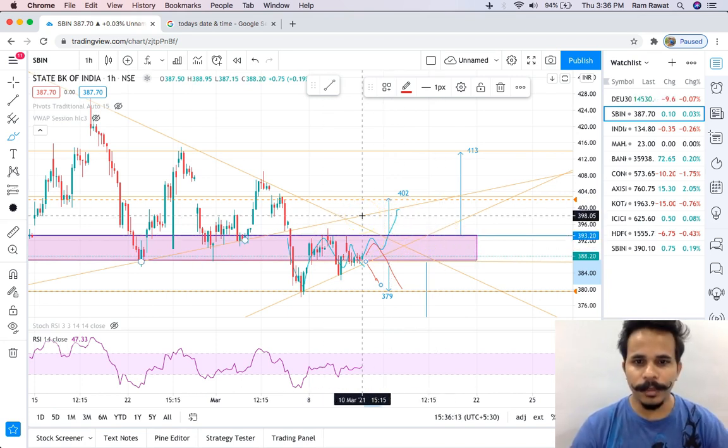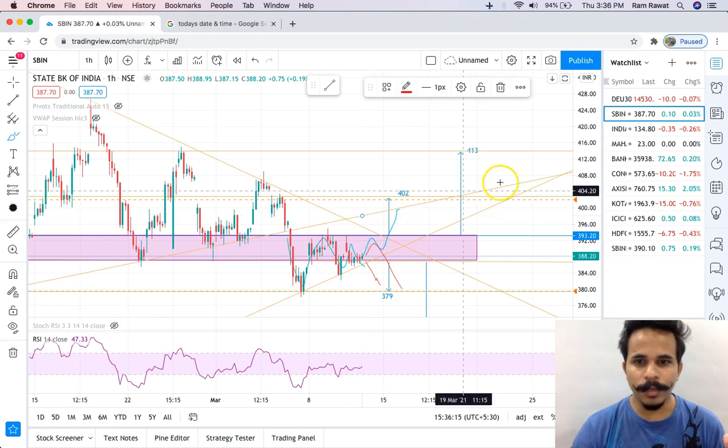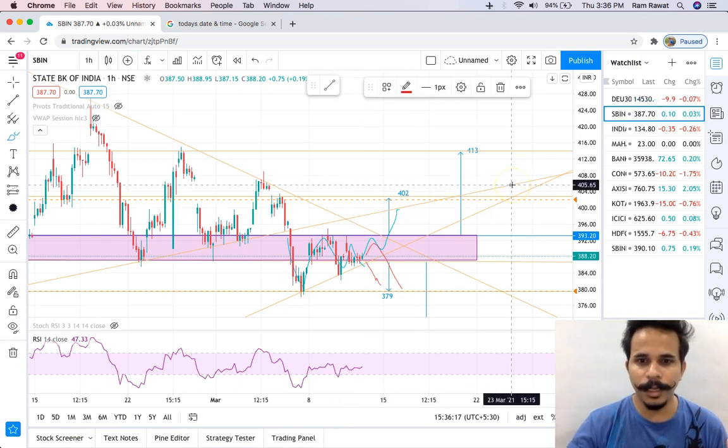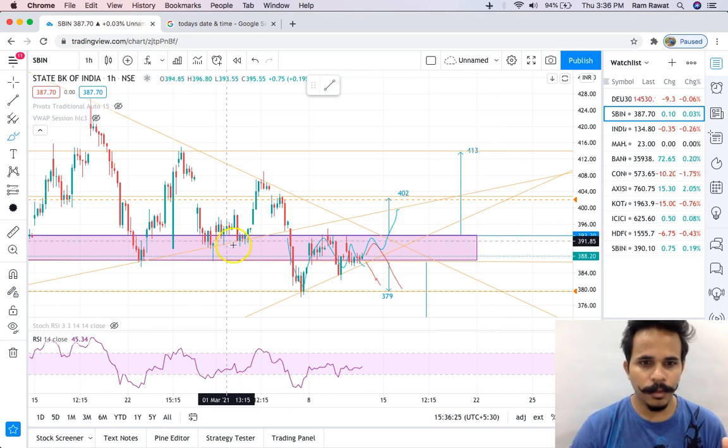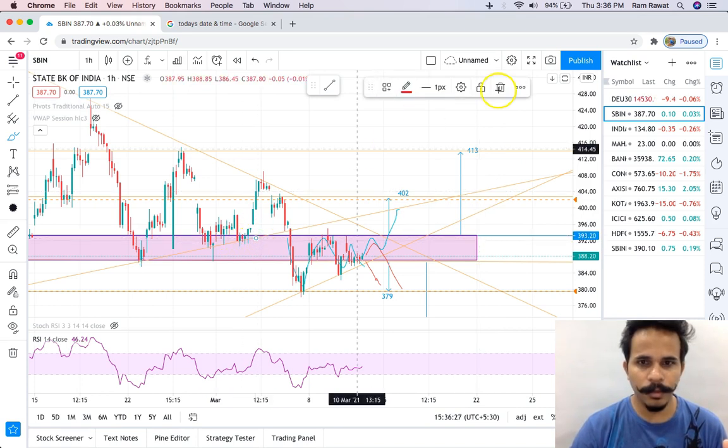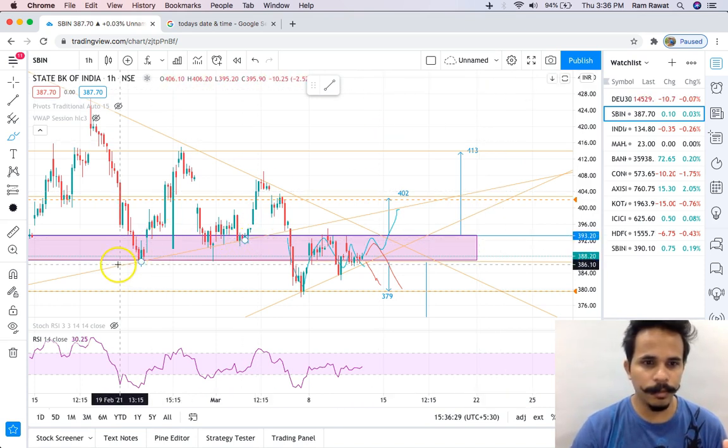Let me just delete the rest of the lines so it will become easier, because there are too many lines here. I'll just delete this. I don't know how to delete this. Okay, is it deleting? Okay, delete. Oops.